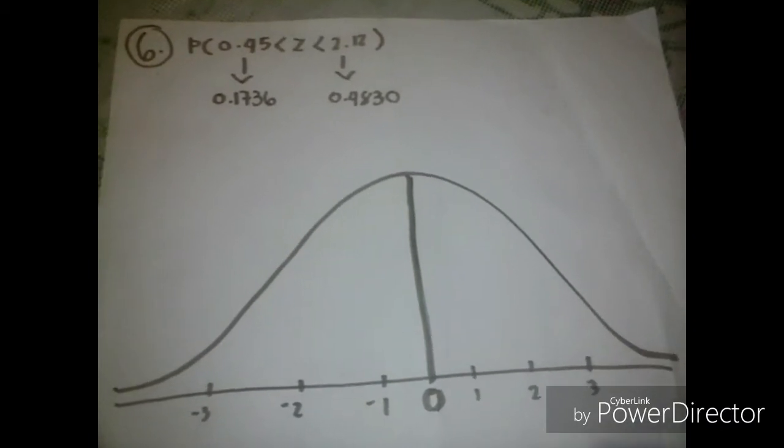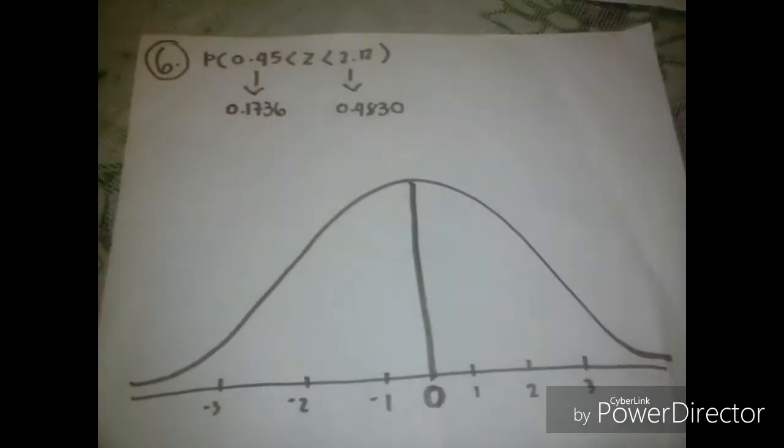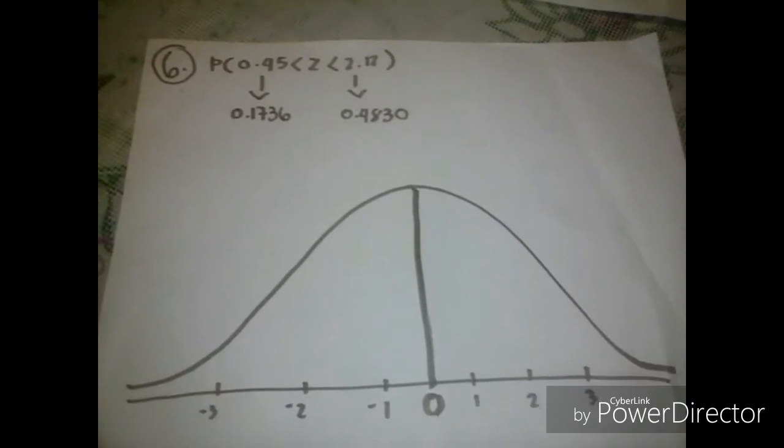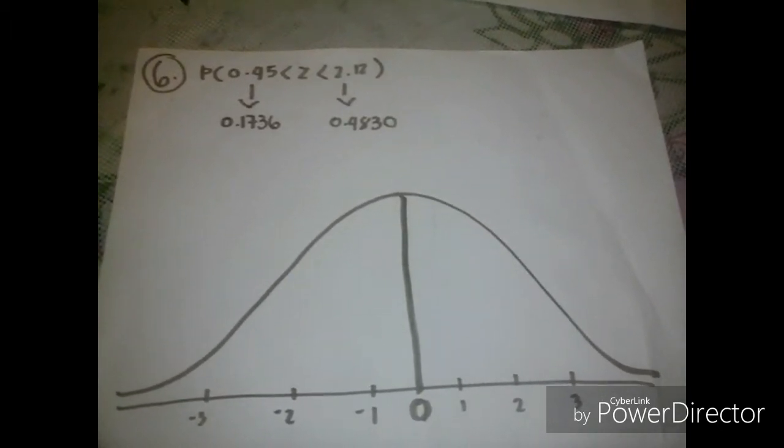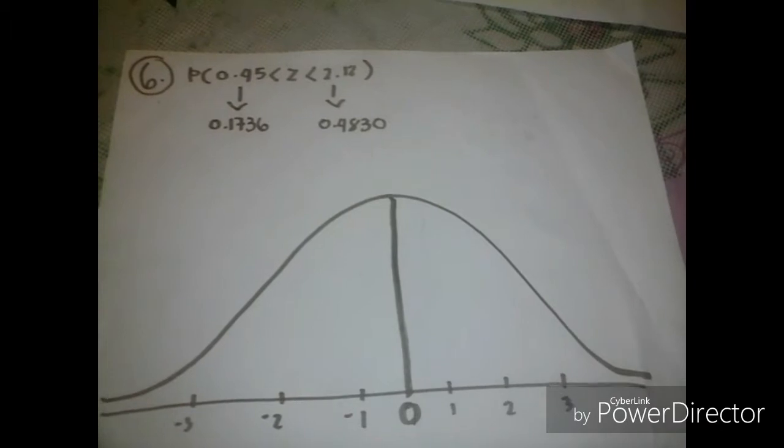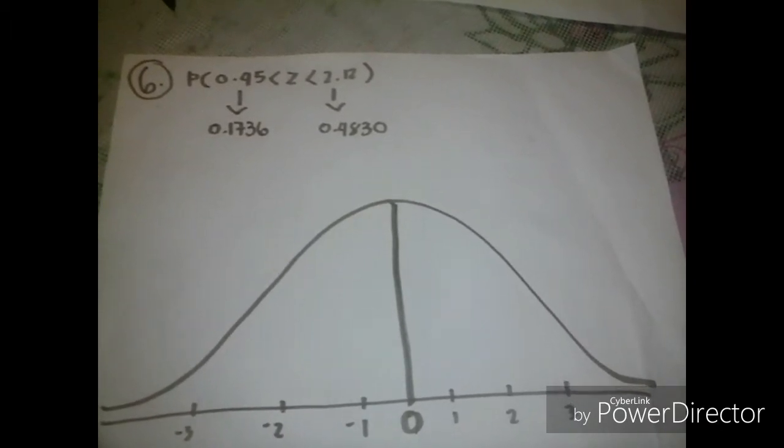For the last problem, the sixth, is the probability of z is greater than 0.45 but less than 2.12.